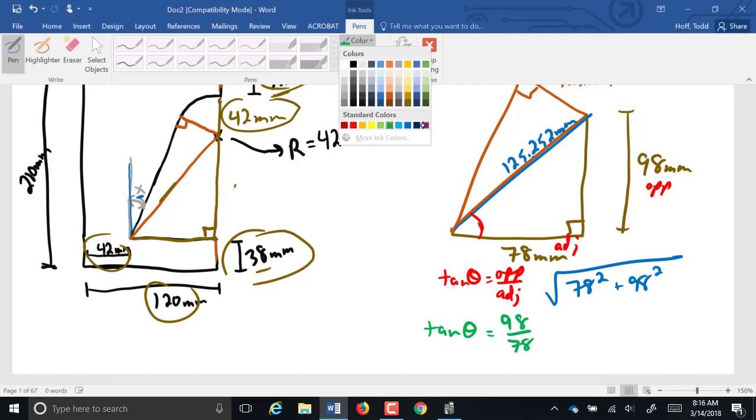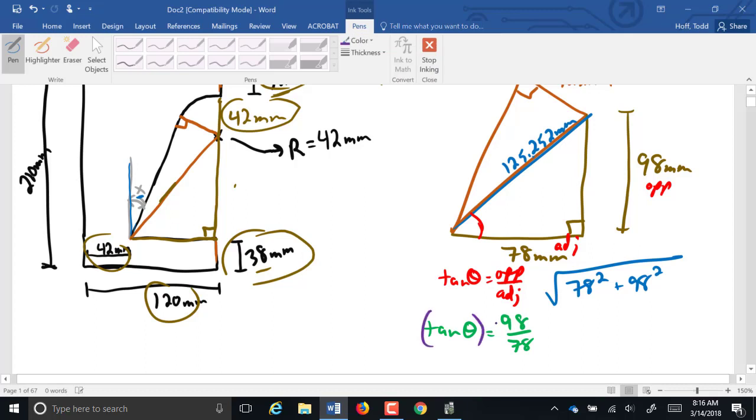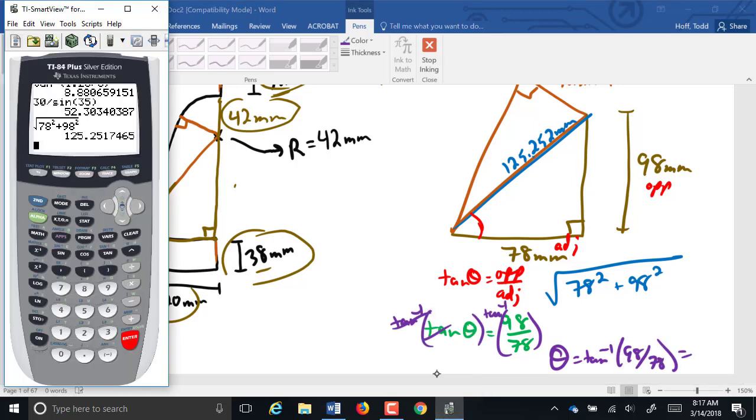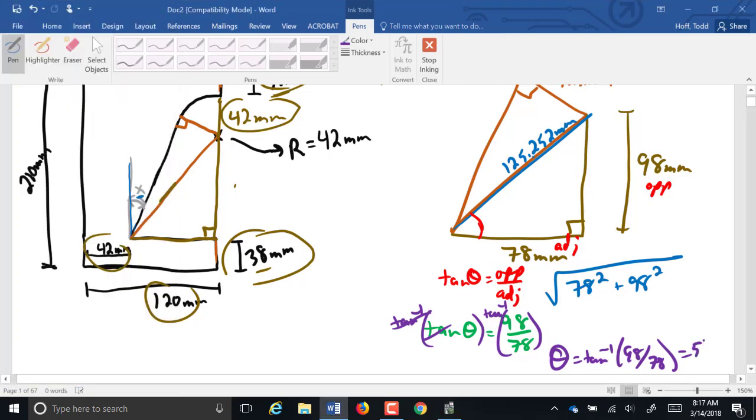We are looking for the angle, so we use inverse. We're using tangent, so we use inverse tangent. So the angle is the inverse tangent of 98 over 78, otherwise known as 51.48 degrees.